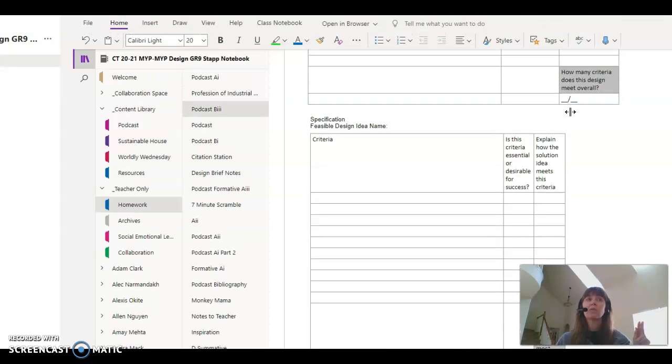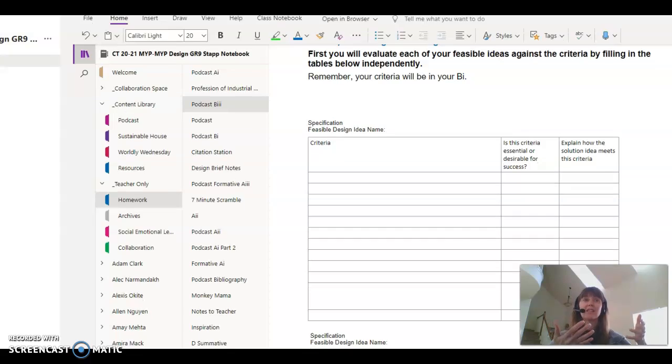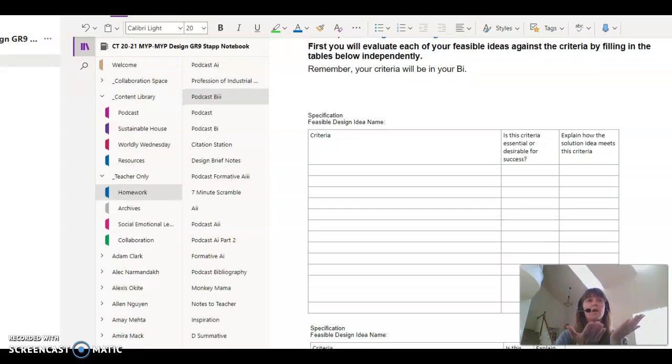Each of these tables will have your feasible script against your criteria. It will be the same criteria for each of these tables, but you have a different feasible idea, a different feasible script that you are comparing or evaluating against those criteria. Okay? Again, that's all that's due today.